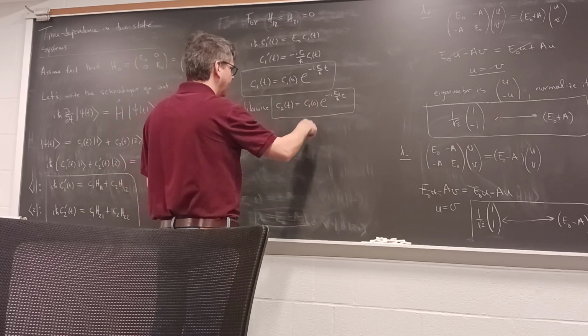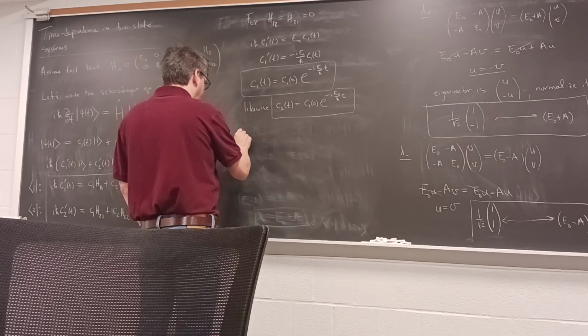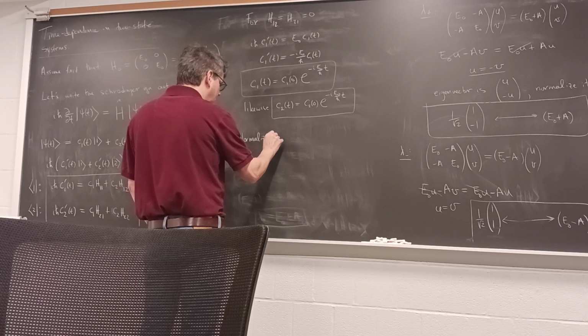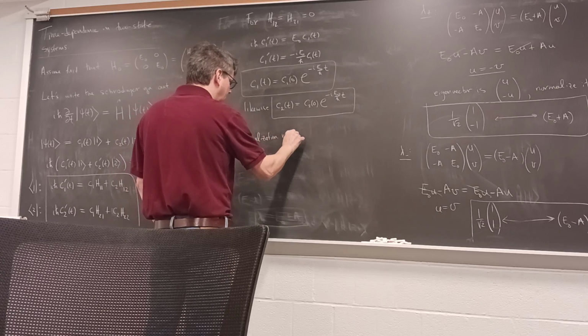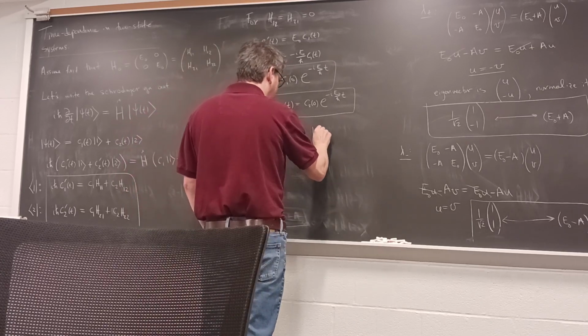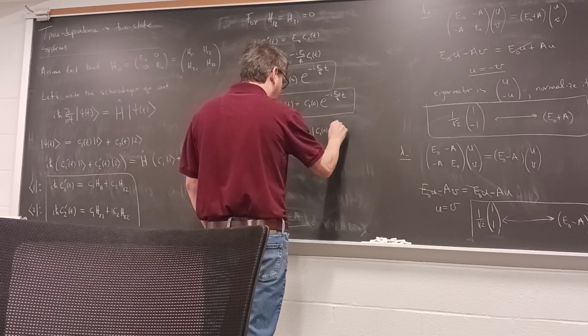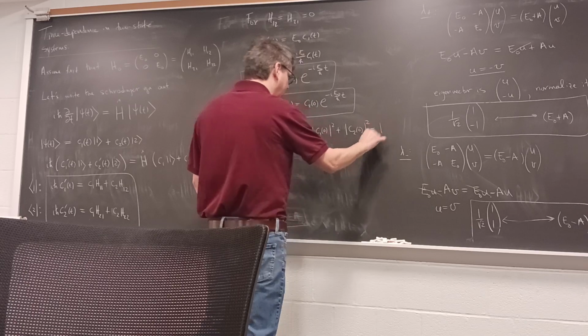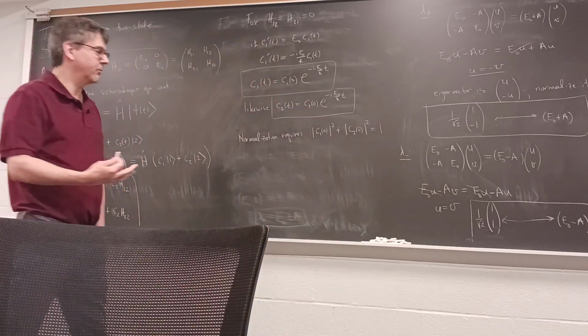C1 and C2 can be any two constants. Normalization requires that the magnitude of C1(0) squared plus the magnitude of C2(0) squared equals 1. That's just a normalization requirement that we've come across before.